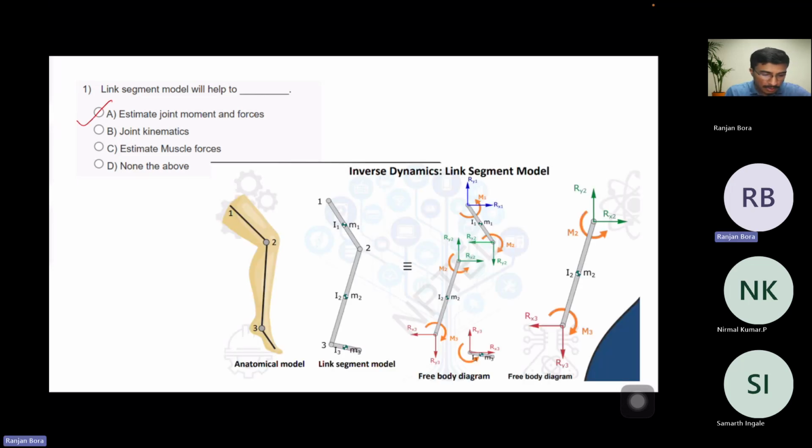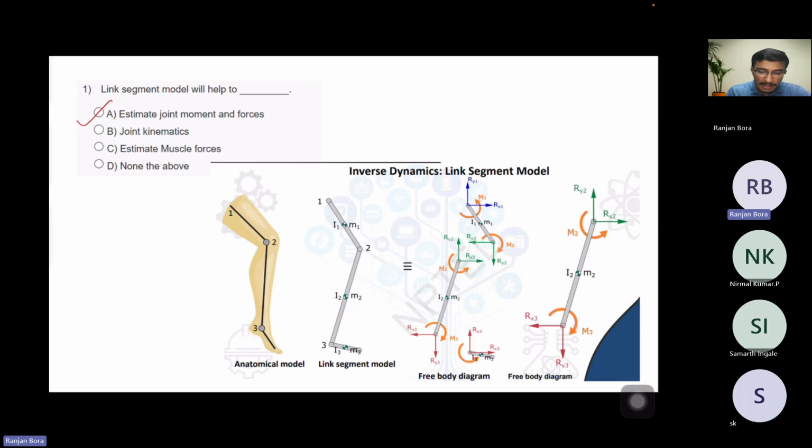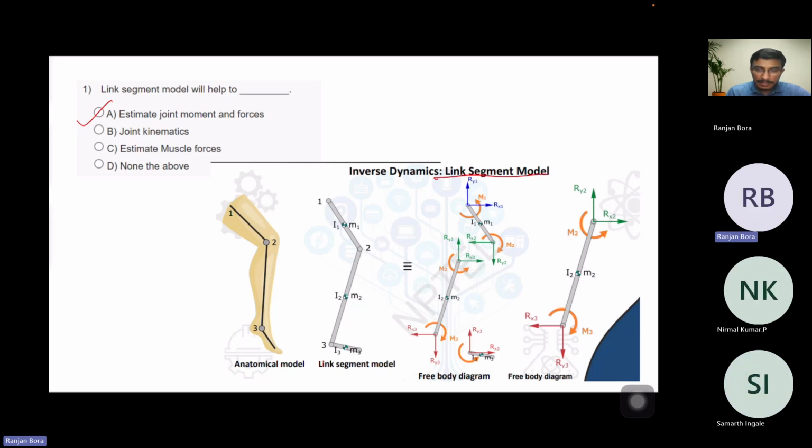In the link segment model, we represent the anatomical model using a link model, and we separate out the links, like we separate the foot, the tibia bone, and the femur bone, and we do the analysis.